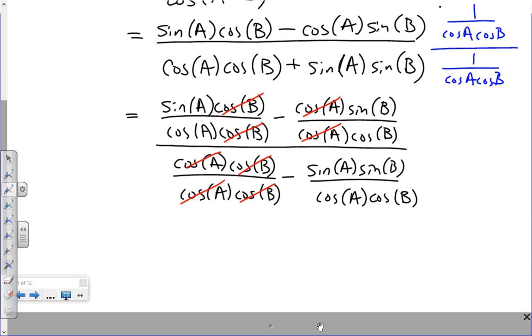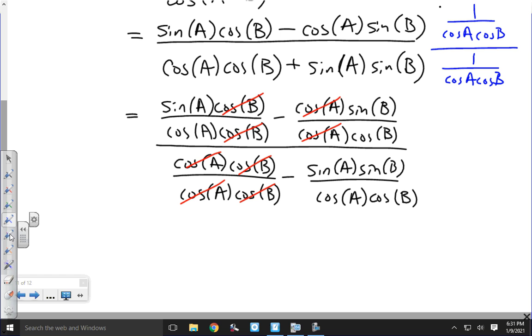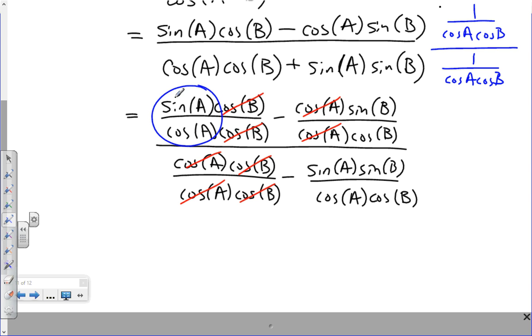Okay? And then furthermore, if we look at what we're left with, sine of A over the cosine of A, that's better known as tangent of A. Here we've got sine over cosine again. That's better known as tangent. Everything cancels, so when we cancel everything out there, we're going to be left with a 1. Maybe I'll mark that so we remind ourselves we're left with 1 there.